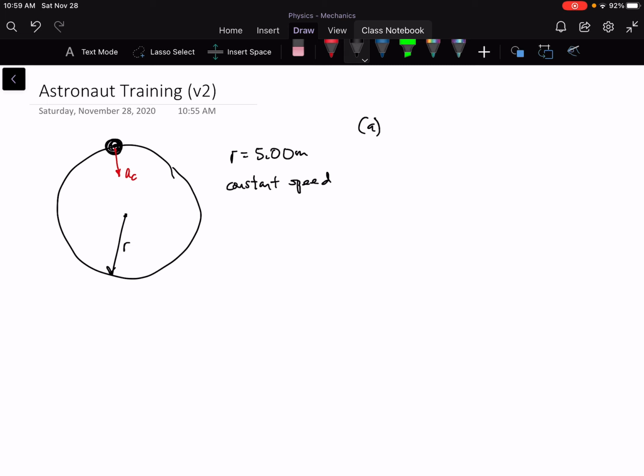We have an equation for centripetal acceleration, which is this. And we know that the desired acceleration is 5 times g, which is 9.8 meters per second squared. Multiply both sides by r, and that gives us that v squared is equal to that. And that means that v is the square root of all of that.